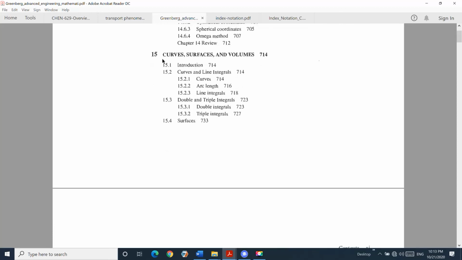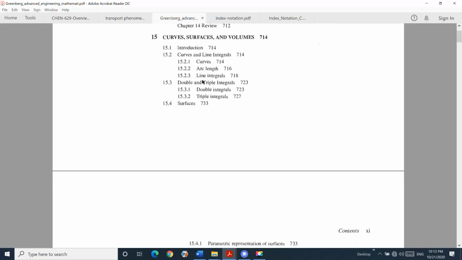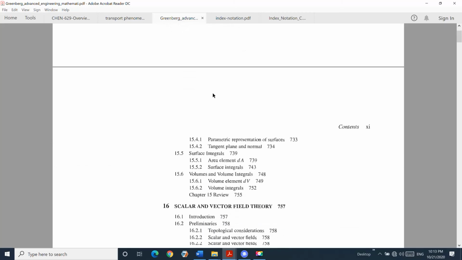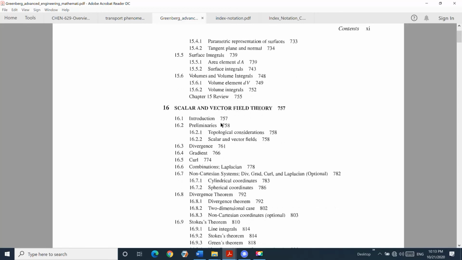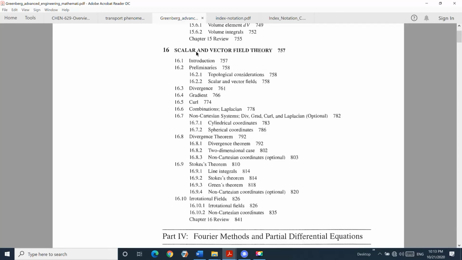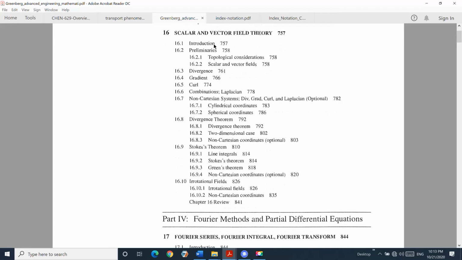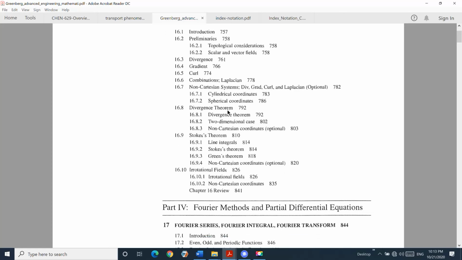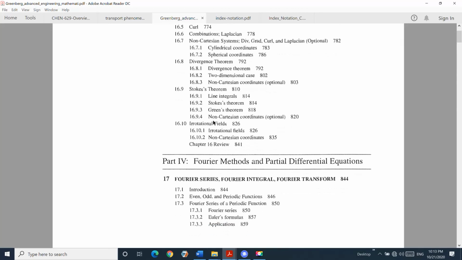Chapter 14 gives the definition and physical meaning of curves and surfaces and volumes, double and triple integrals, and line integrals, surface integrals, and volume integrals. Chapter 16 talks about scalar and vector field theory: divergence, gradients, curl and Laplacian. It also covers very important theorems utilized in transport phenomena for the derivation of the conservation laws, the divergence theorem, Stokes theorem, and Green's theorems, and so on.